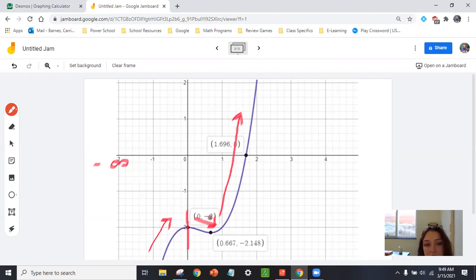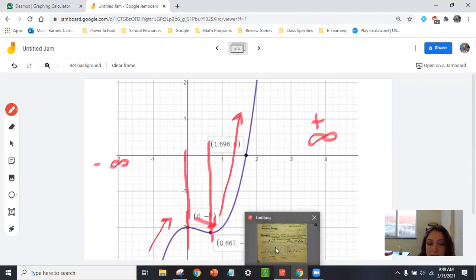Then it starts again after this point right here until positive infinity. Okay, so from negative infinity until 0 on the x-axis. Then from 0.667 until positive infinity is increasing there.